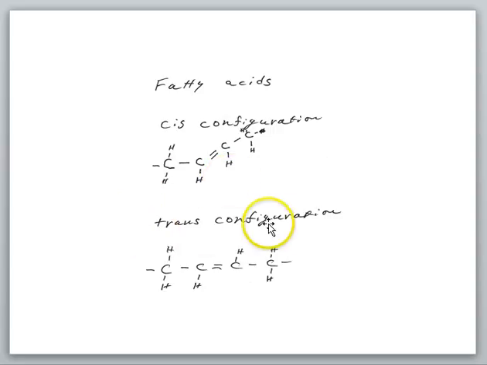Here's the trans configuration, and we still have a double bond, but this time, because these hydrogens are across from each other, they're not pushing away from each other, and it allows it to straighten out the chain. And by straightening out the chain, it allows this fatty acid to be associated with a solid rather than a liquid, which, that's the goal of this conversion, is to convert this to a solid.